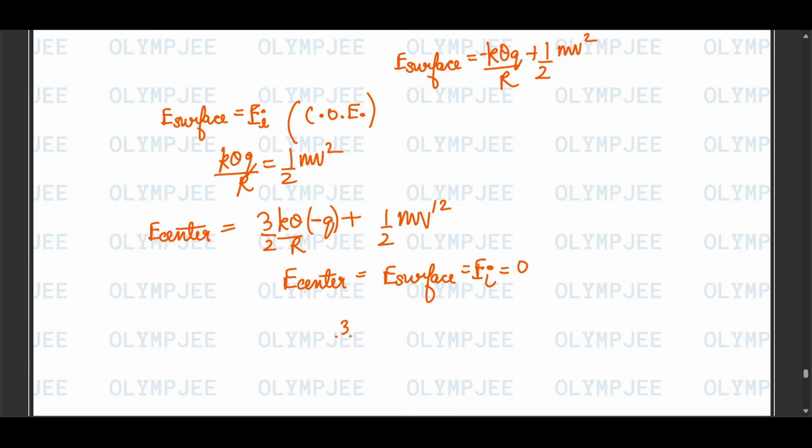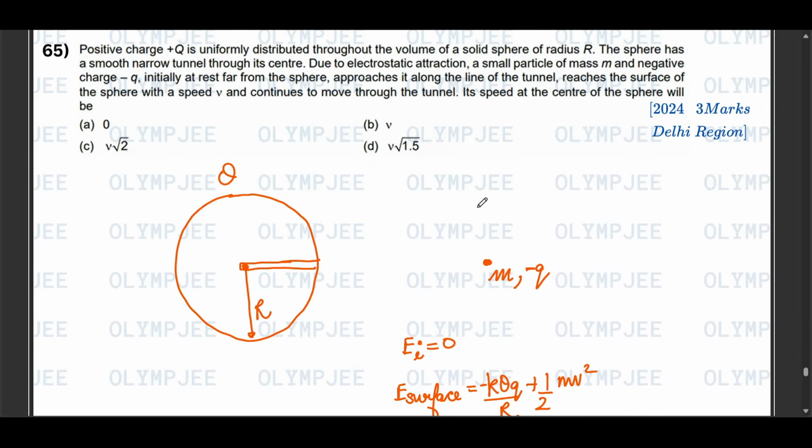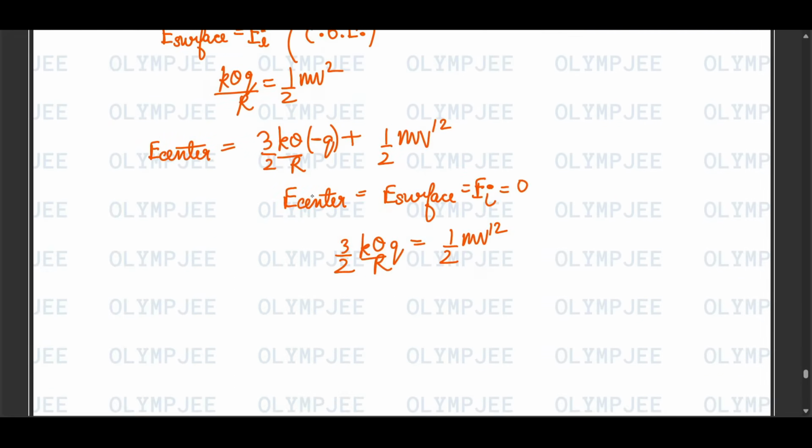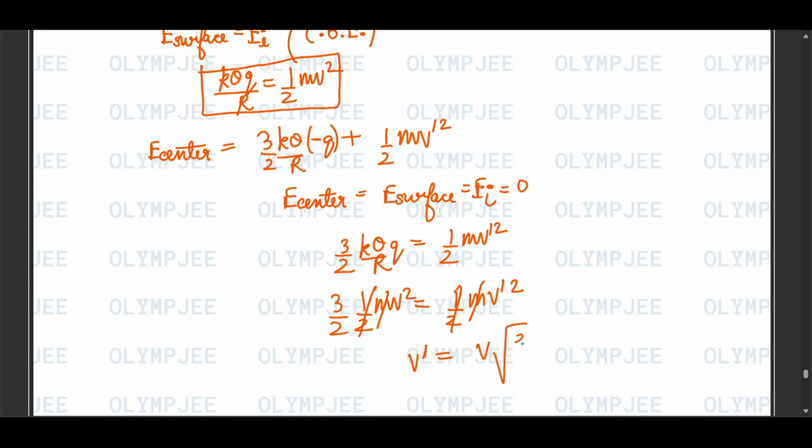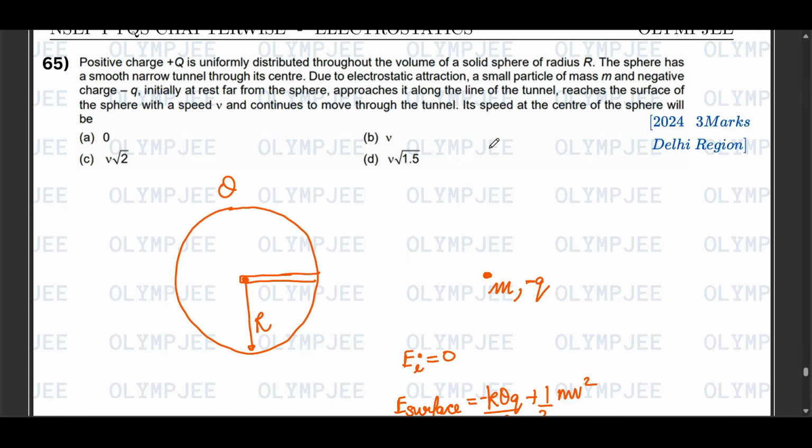We are asked for the new speed in terms of original speed. So we know that this is equal to this. So 3 by 2 half mv square is equal to half m v dash square. So the new v is equal to, right. So the answer will be option D.